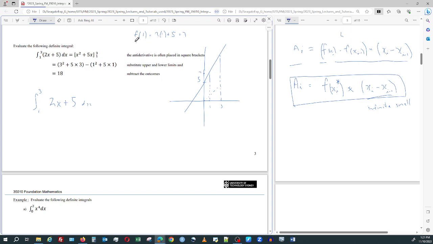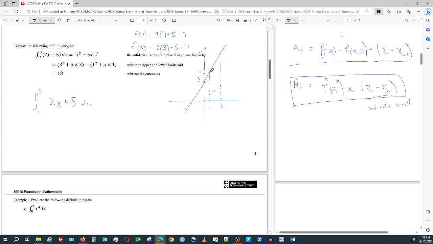And then for the second point, using x equals 3, we would see that 2 times 3 plus 5 is 2 3s are 6, plus 5 is 11. So this value over here, that would be 11.